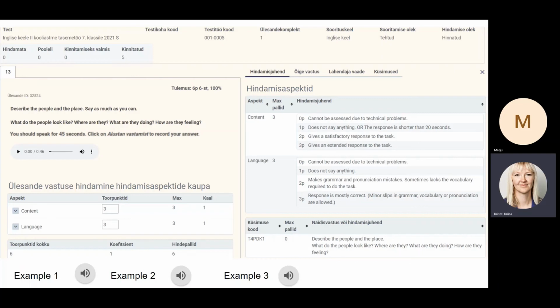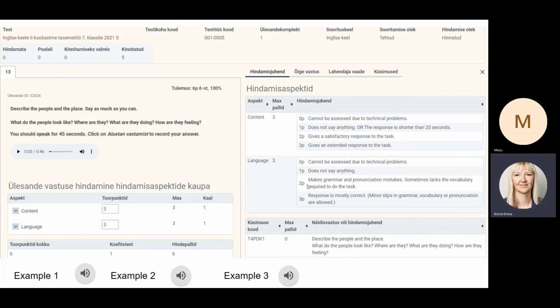Okay, so it was 31 seconds, and so they did answer some of the questions, but then for some reason it stopped, so it was a satisfactory response to the task, so 31 seconds.